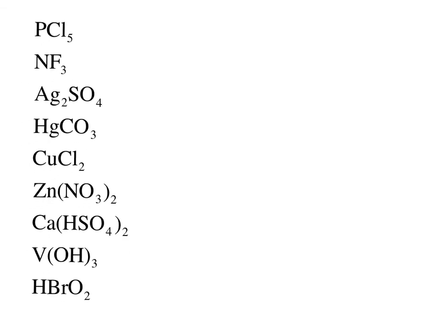So we could recognize PCl5 is a combination between 2 elements, both are nonmetal. So phosphorus is a nonmetal, chlorine's a nonmetal. So we might say monophosphorus pentachloride, but we're going to leave off the mono. So this one will be phosphorus.